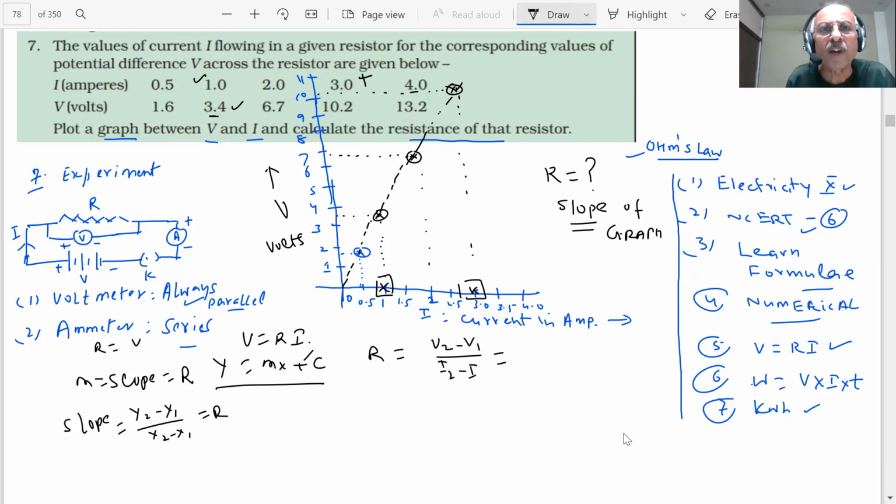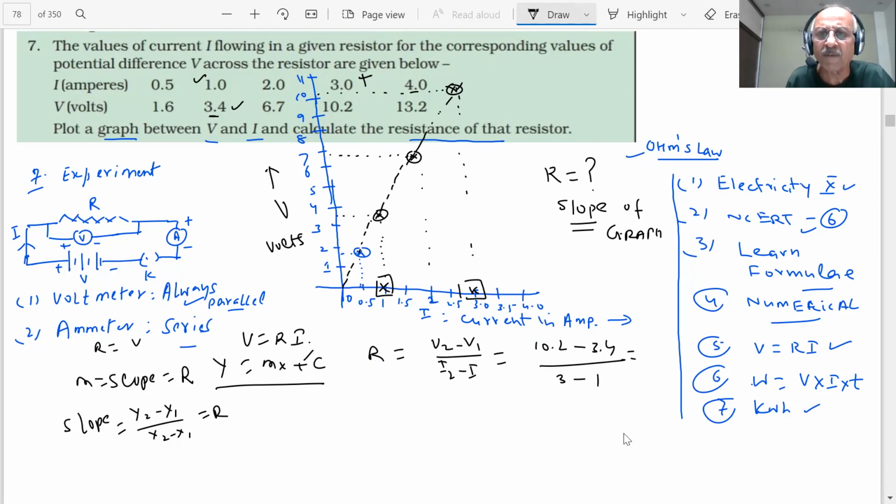What is the value at 3 ampere? V2 value 10.2 minus the value at 1 ampere, which is 3.4, divided by 3 amperes minus 1.